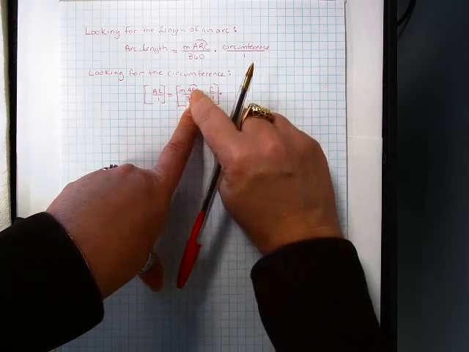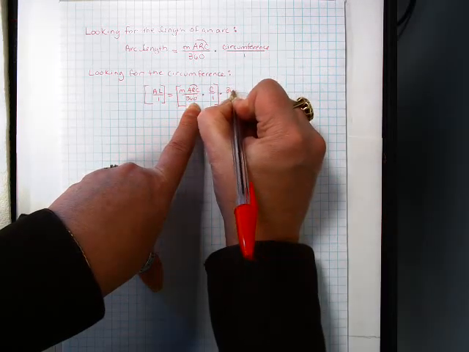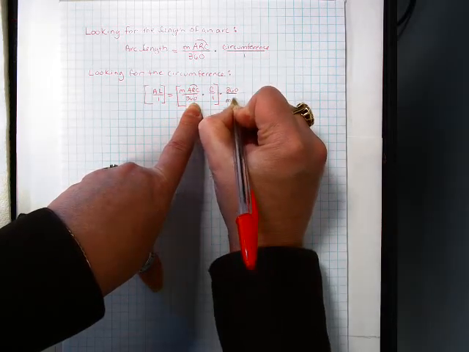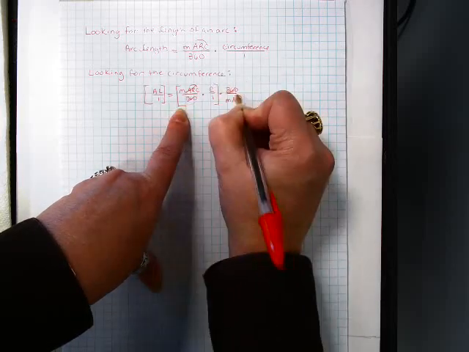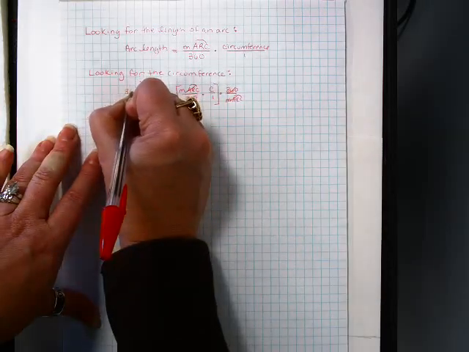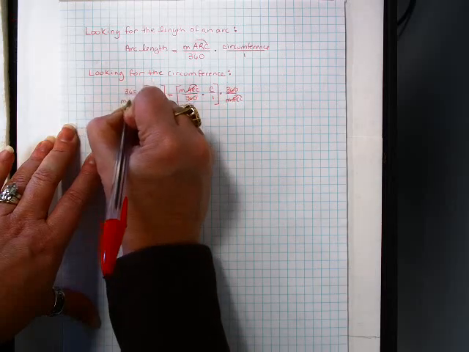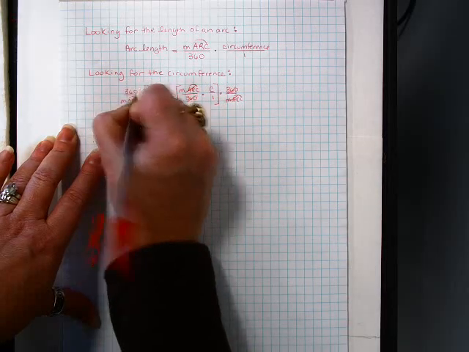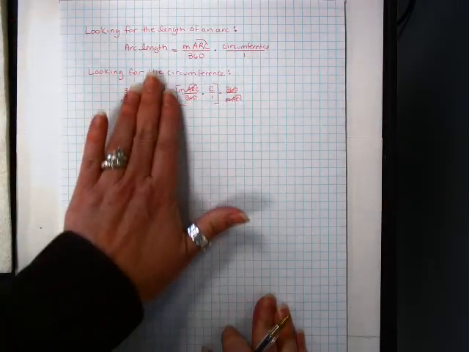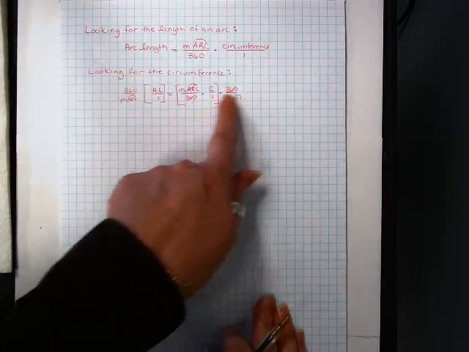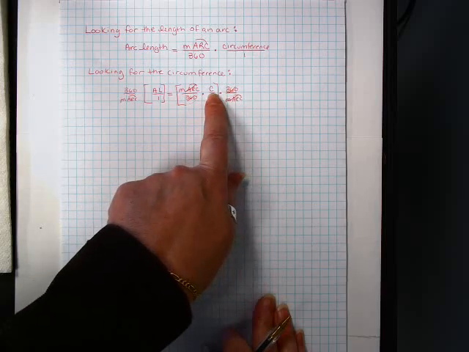I multiply by the reciprocal of this. That's going to be 360 over the measure of the arc. And so they can cross out over here, and 360 times the measure of the arc. Okay, so let's clean this up. The only thing that's left over here is the circumference.